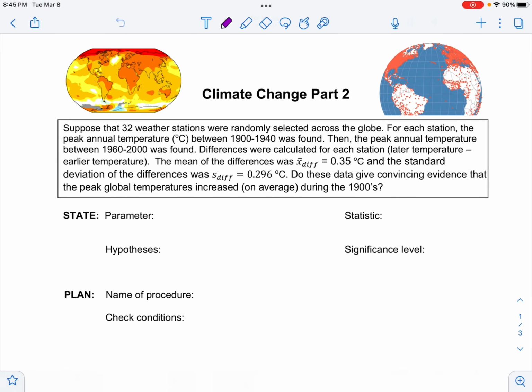Hey guys, so I'm going to go over how we calculate a hypothesis test for a mean difference. And so remember, for a mean difference, that is where we are pairing up individuals from two different populations, and we're finding their individual difference with each other and then finding the average of all those differences.